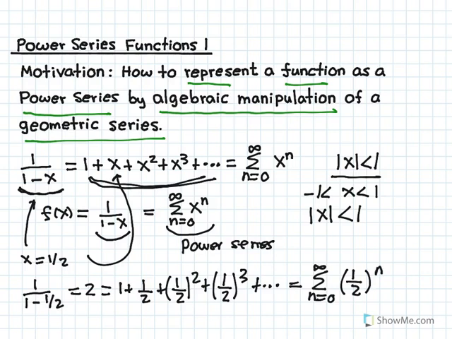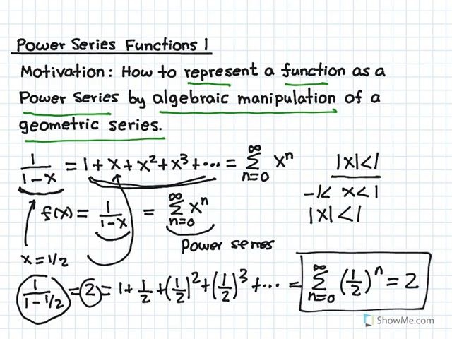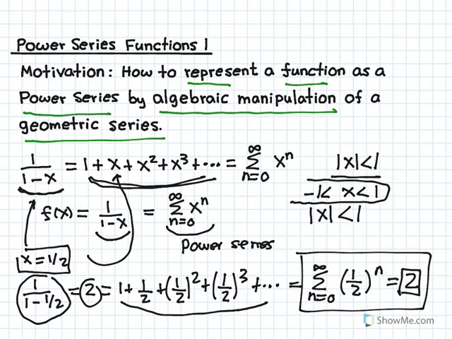So we have found the sum of this power series. 1 over 1 minus 1/2 is 1 over 1/2. That gives us 2. So what does this say? Well, it means that the sum of this infinite geometric series is 2. We were able to do this because x equals 1/2 is inside the interval of convergence.